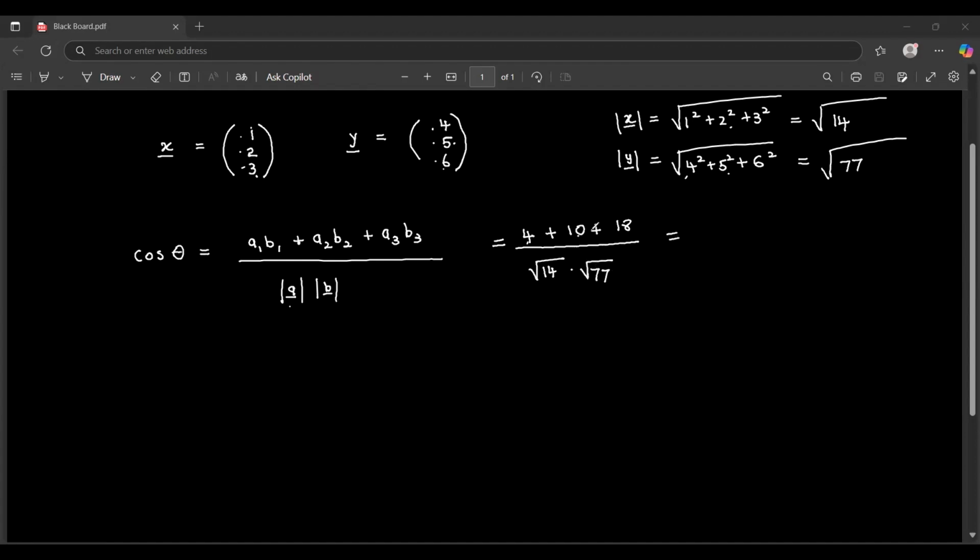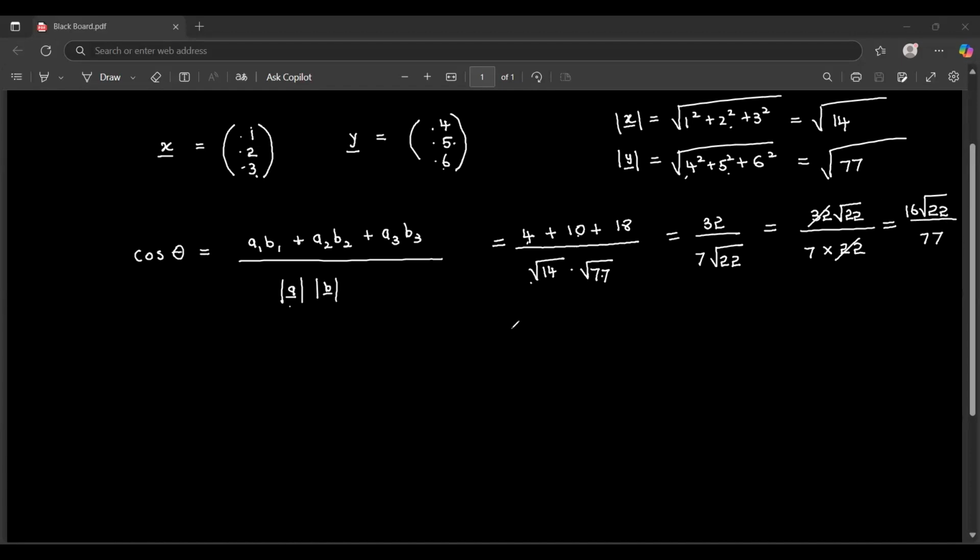That is equal to 14 over root 7 will give me 7 and I will be left with 2 and 11, so square root of 22. And the final answer will be 32 square root of 22 over 7 into 22. I can cut this and I will get 16 square root of 22 over 77.